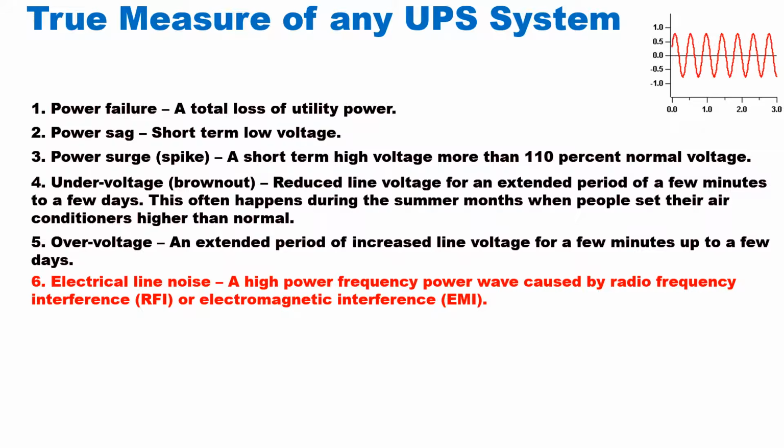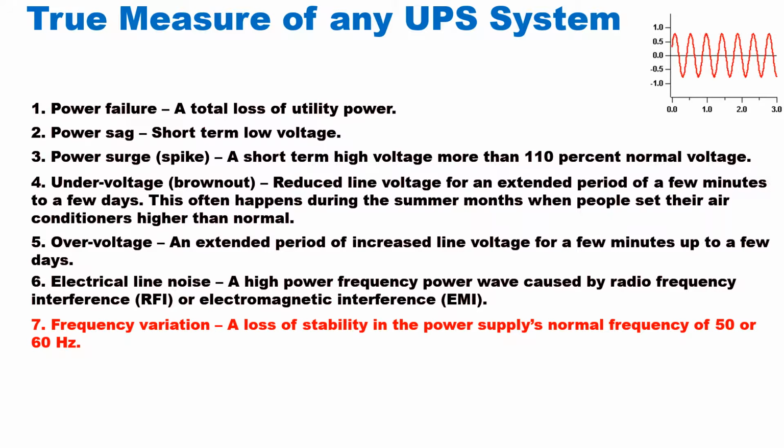Or in Europe, where it should be 50 hertz solid, you're getting 55 or 58, and then 52, then 48. So the variation in the frequency is also an issue that can damage your appliances or equipment that's downstream. You need to keep an eye on that too.